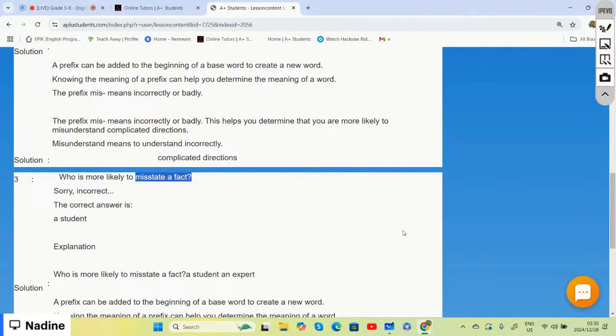Then we can say a student is more likely to misstate a fact, right?